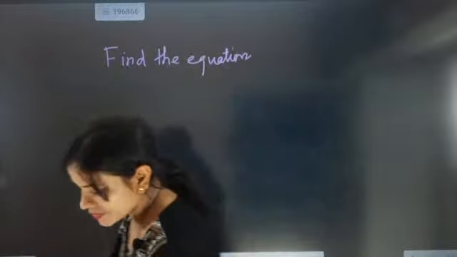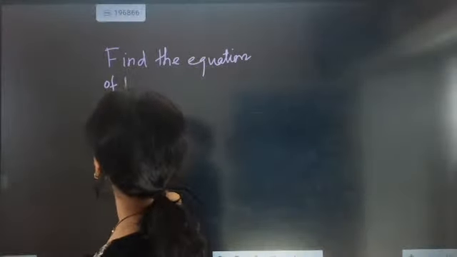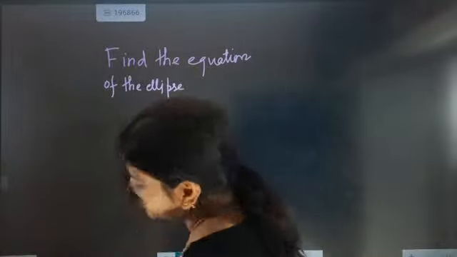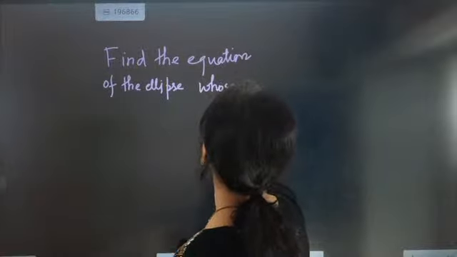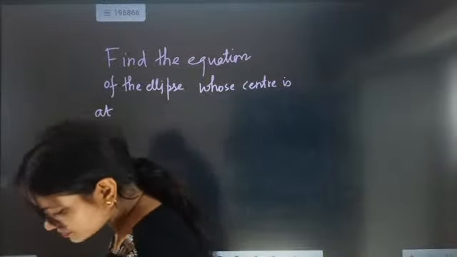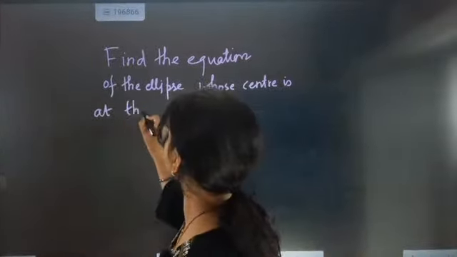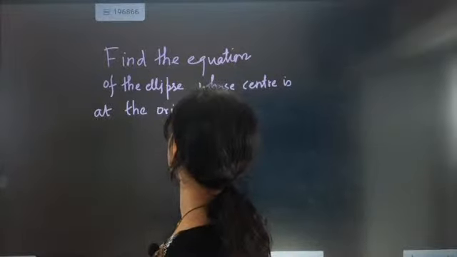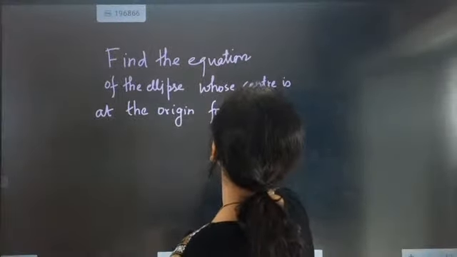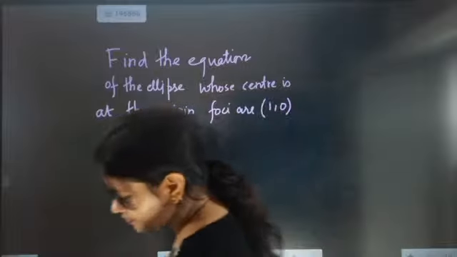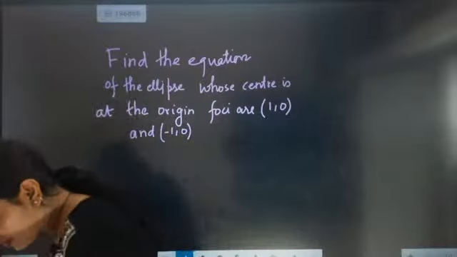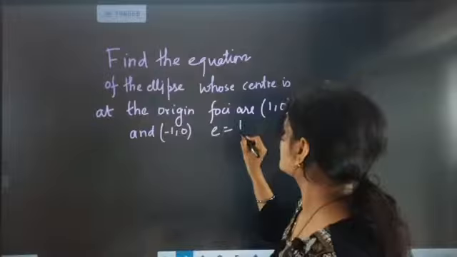Find the equation of the ellipse whose center is at the origin, foci are 1 comma 0 and minus 1 comma 0, and eccentricity is 1 by 2.